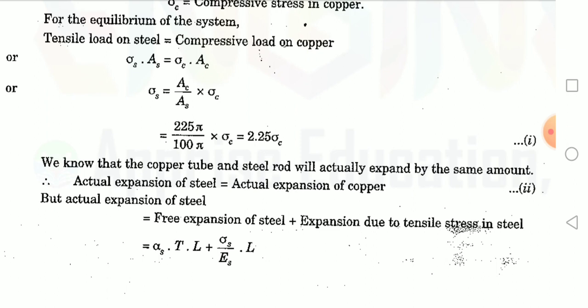The free expansion of steel due to temperature is alpha TL, that is alpha S into temperature into length of the steel rod, plus expansion due to tensile stress, sigma S by ES into L, that is for finding del L.